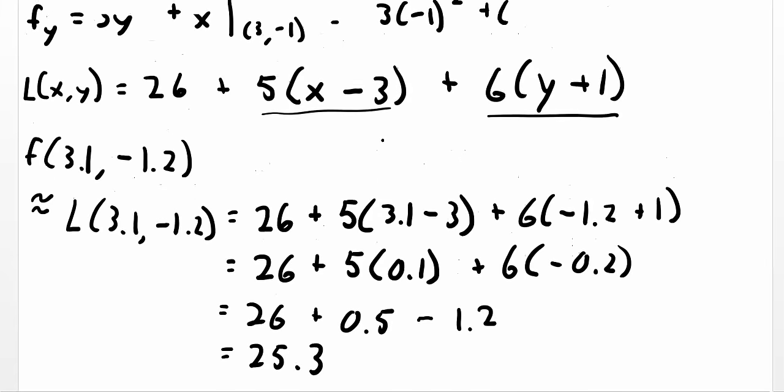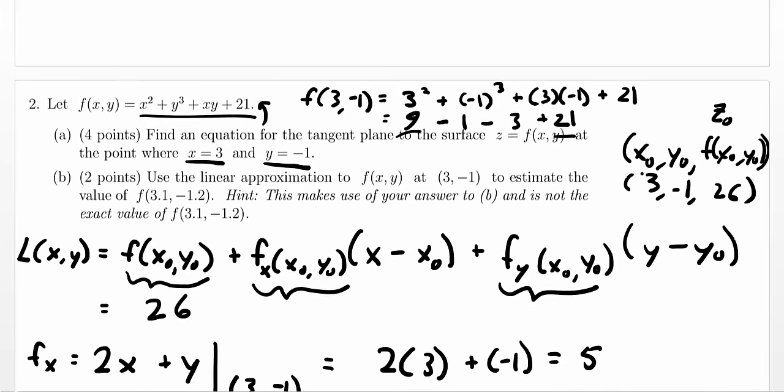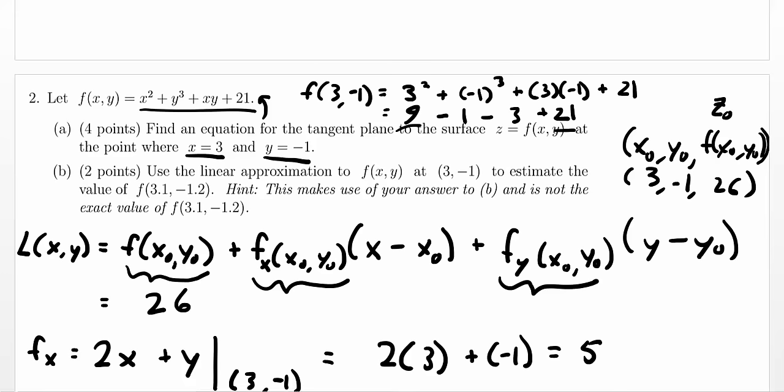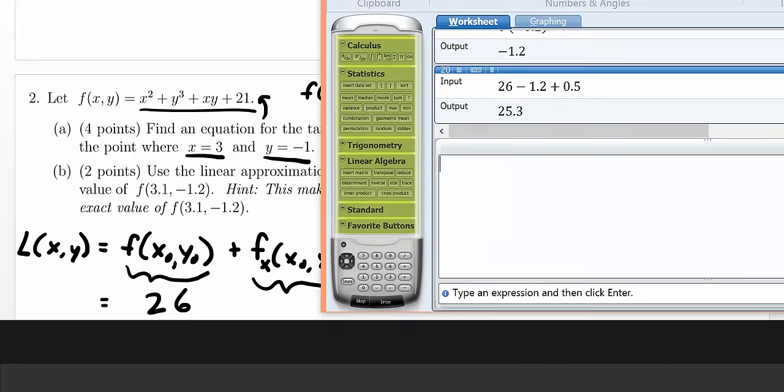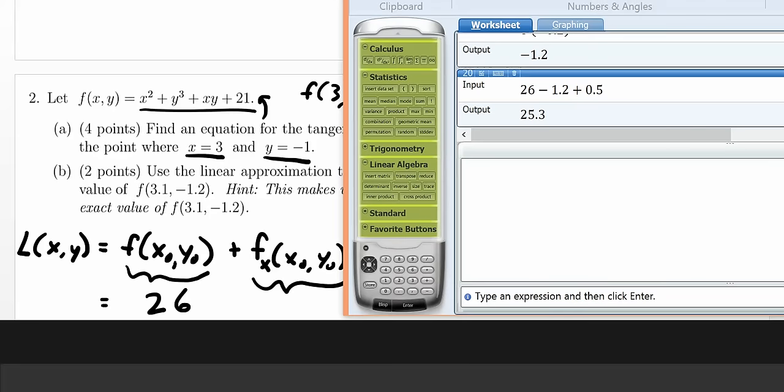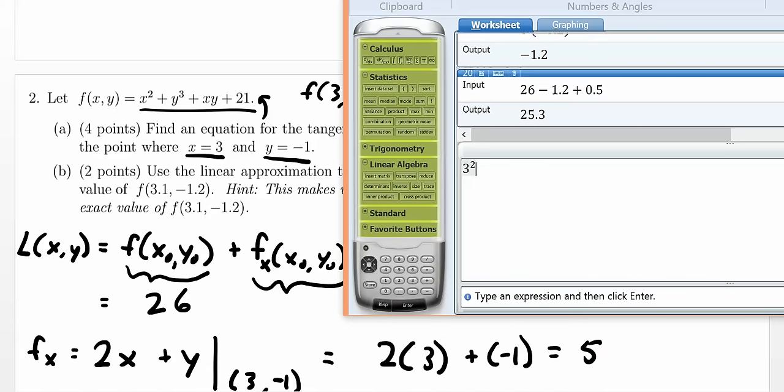So let's see what we get if we take this point and plug it directly into the function, assuming that we had a calculator on our test. I'm plugging the wrong number. 3.1 squared plus negative 1.2 cubed plus 3.1 times negative 1.2 plus 21.